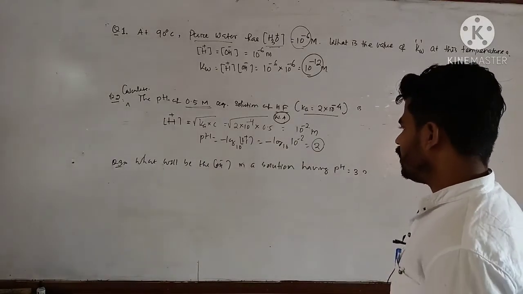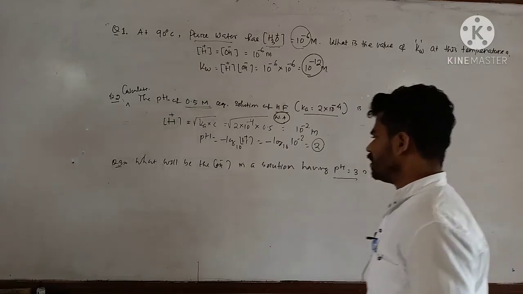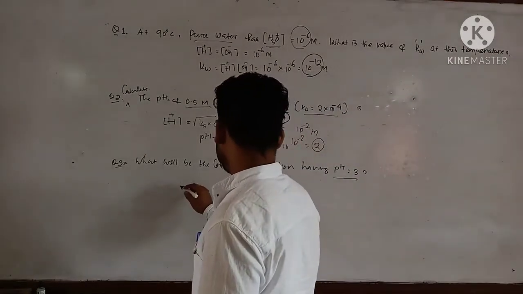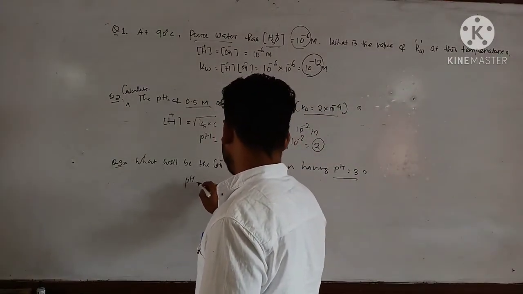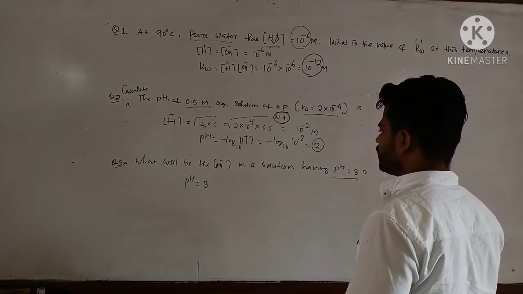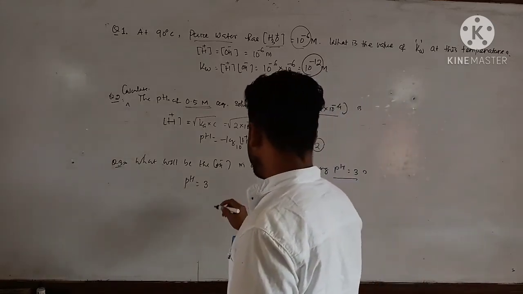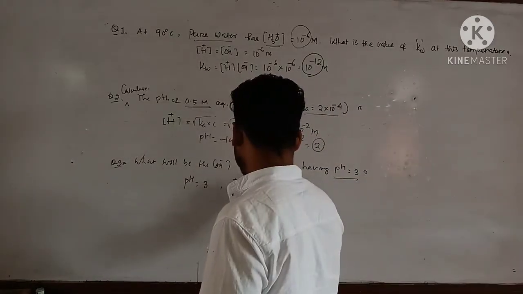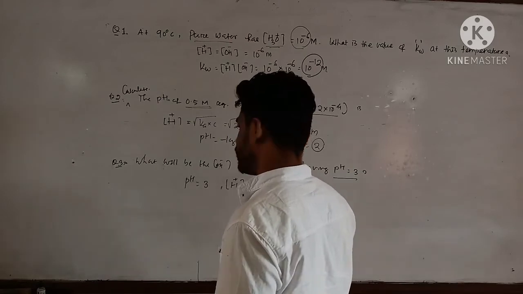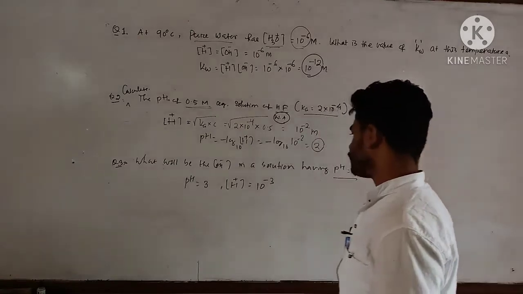Next, what will be the OH minus ion concentration in a solution having pH 3? Tell me, if pH is 3, what will be the OH minus ion concentration? So if pH is 3, then the concentration of H plus ion becomes equal to 10 to the power minus 3. Clear?